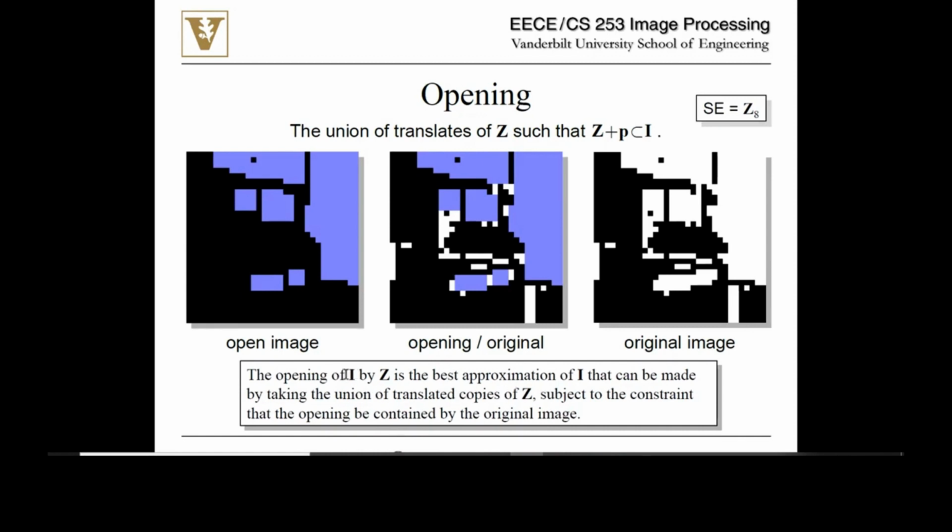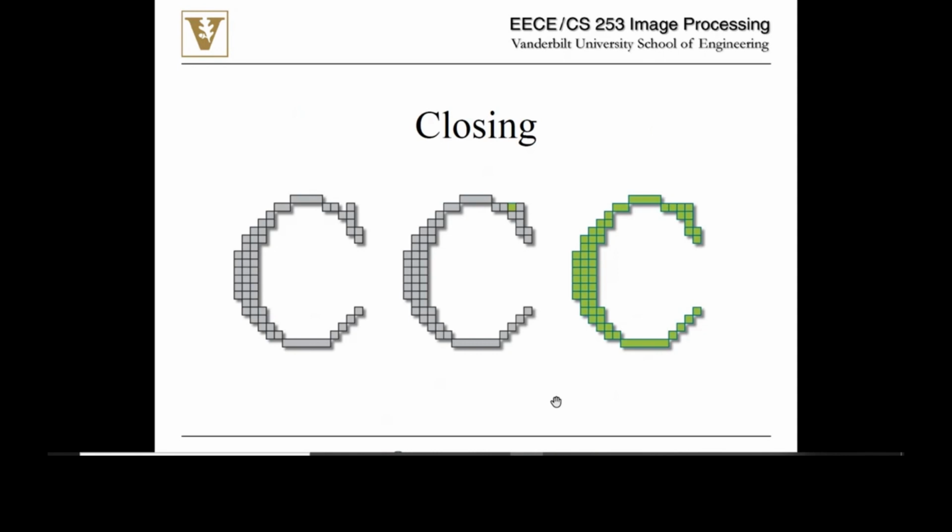An opening can be computed as the union of translated copies of the kernel subject to the constraint that the opening is contained in the original image. But okay, we understand what the opening is.